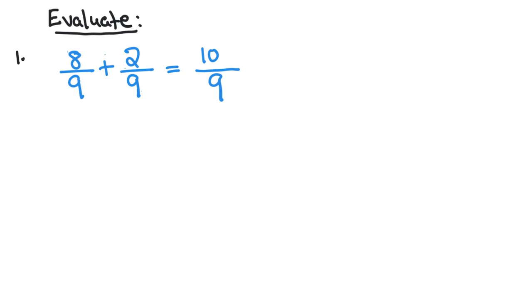Let us see how we write an improper fraction as a mixed fraction. It's 10 divided by 9. So we learned how to do the division in our grade 1. So 9 1 times is 9, minus it, 10 minus 9 is 1.